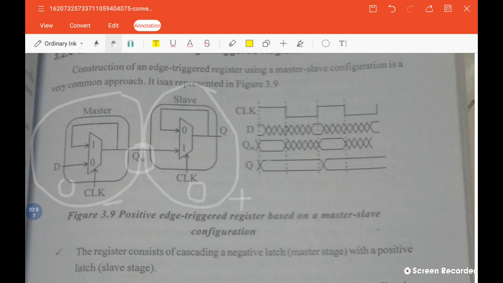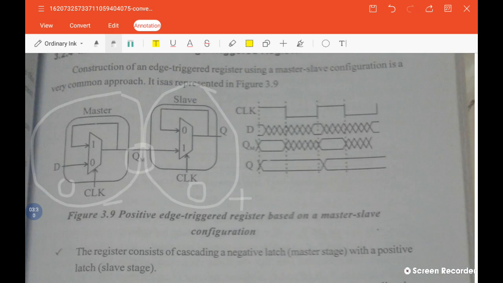And what is the condition of the slave latch then? At the same time we provided clock 0 to the slave latch, and we know that the slave latch is a positive latch. So when the clock signal is low, the positive latch will go into hold mode. Because for a positive latch to be in transparent mode, we have to give a clock high signal, but now clock low is given.